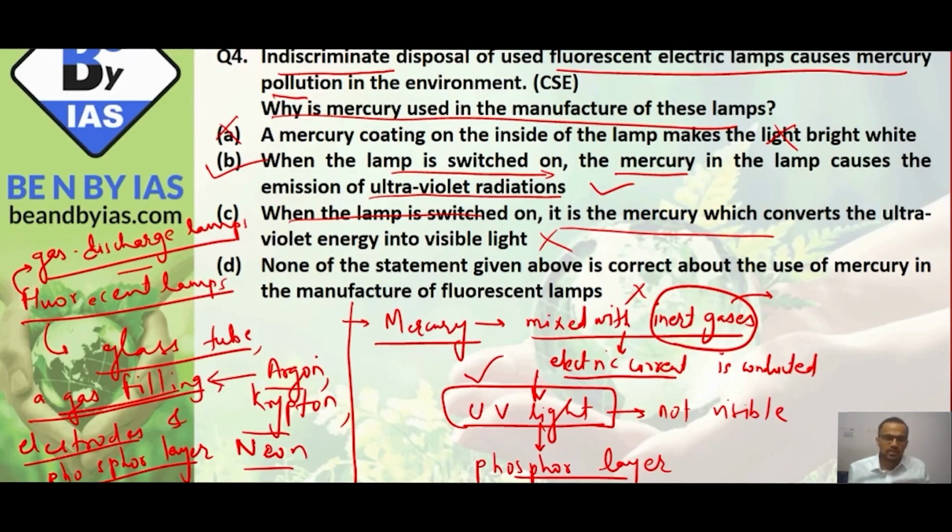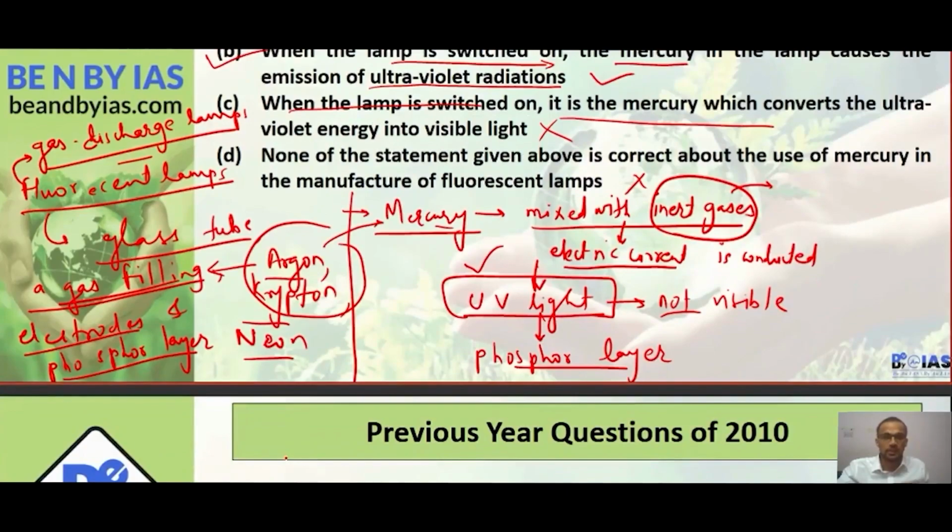And in these lamps, as we are using these inert gases, in order to make sure that electric current is conducted by these gases, we mix mercury with them, and as electric current flows through these gases mixed with mercury, it leads to production of UV light. But UV light is not visible, and hence to make that light visible, we use a phosphor layer, and that is the functioning of fluorescent lamps. And hence, for question number 4, the answer is B.